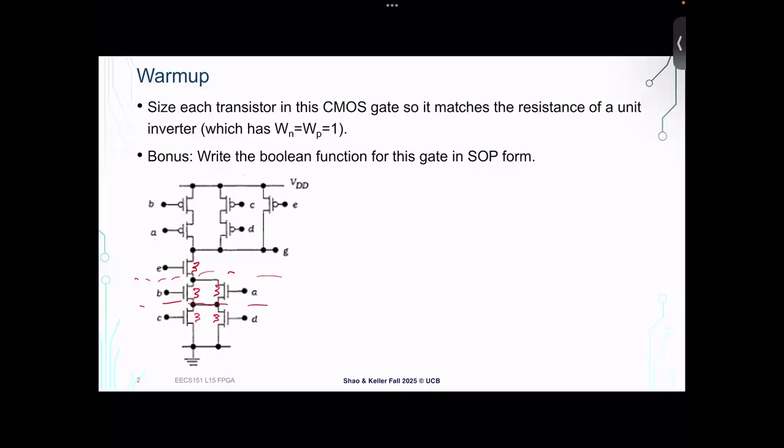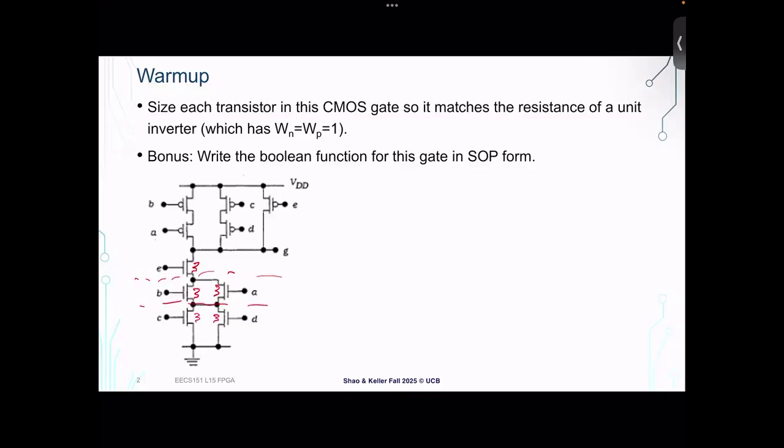Yeah. So if we see a question like this in the exam, will we have to find the most efficient combination of sizes that makes it work, or just a combination of sizes that makes it work? This is the only set of sizes that matches the resistance of a unit inverter for the NMOS, right?